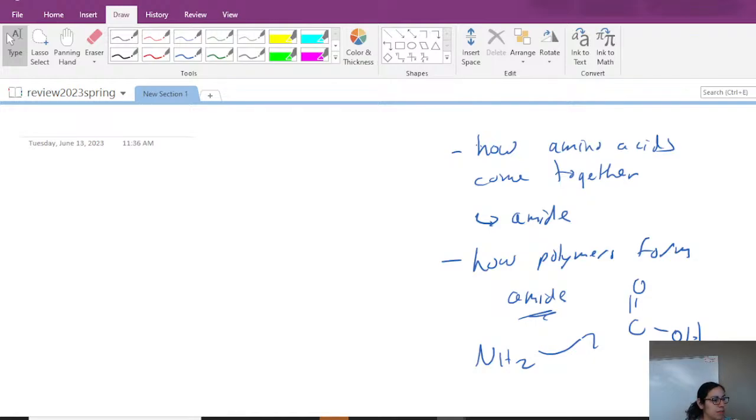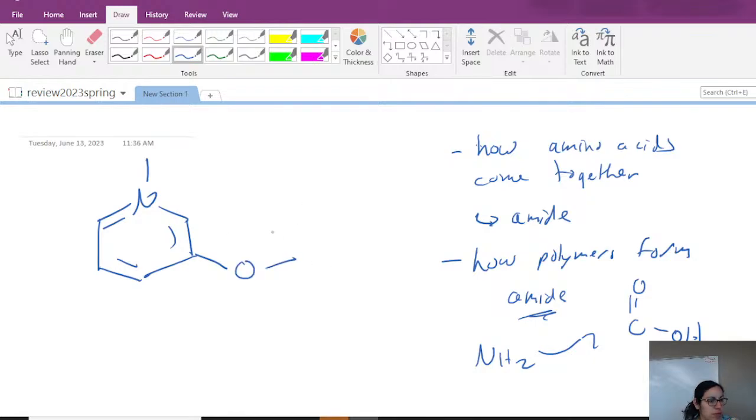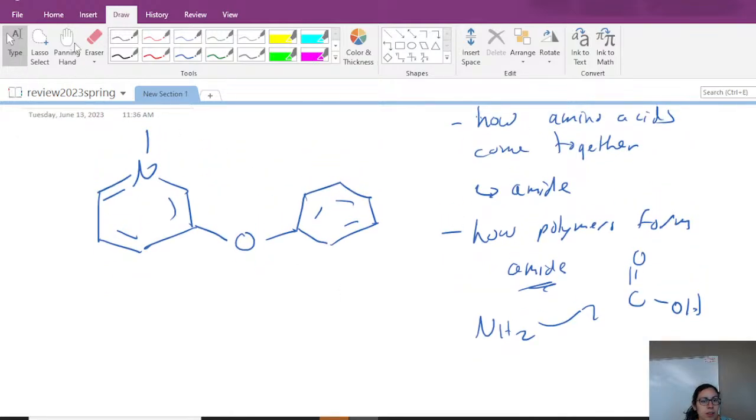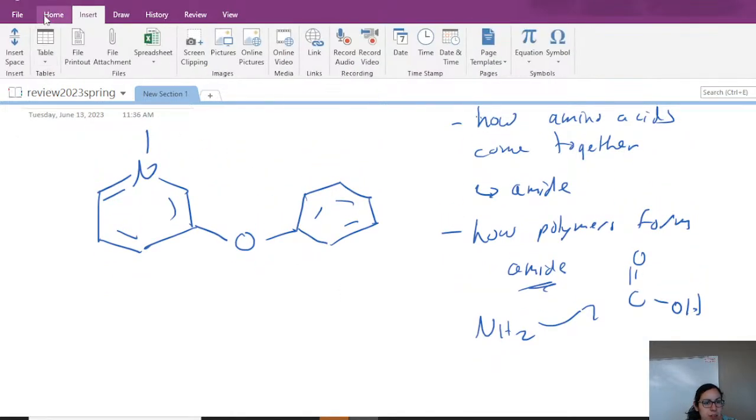Just looking through the exam. So we said let's do some hybridization practice. I'm going to have to move my drawing.